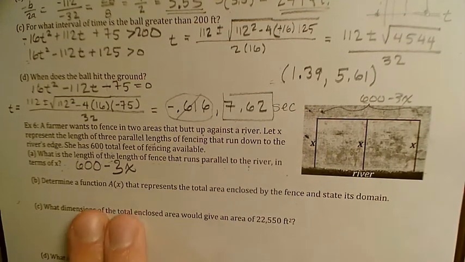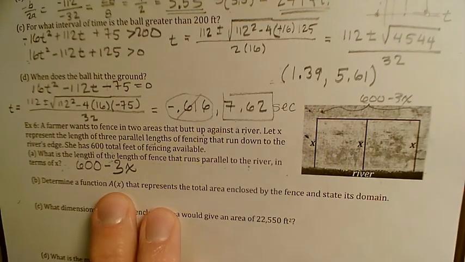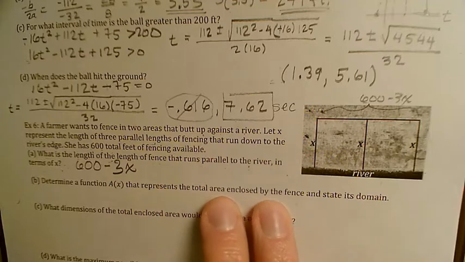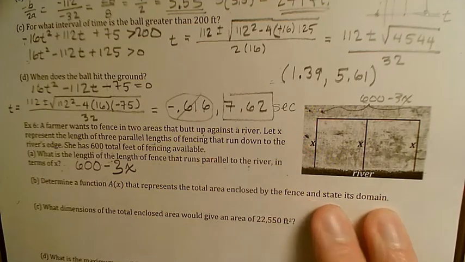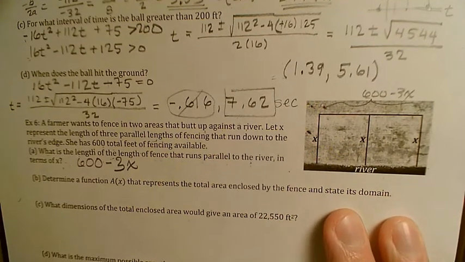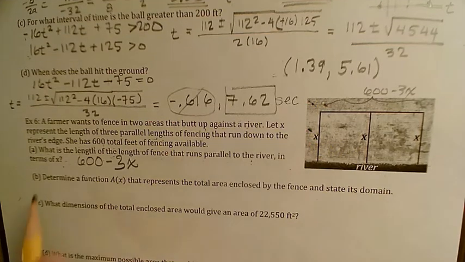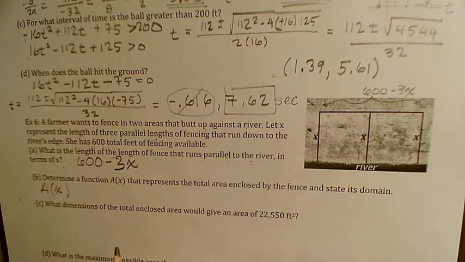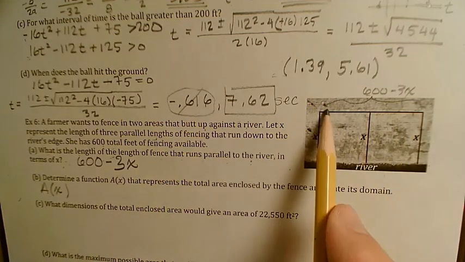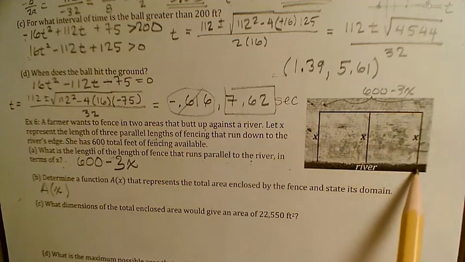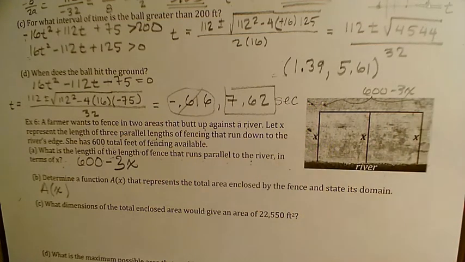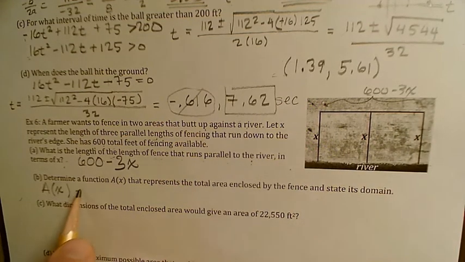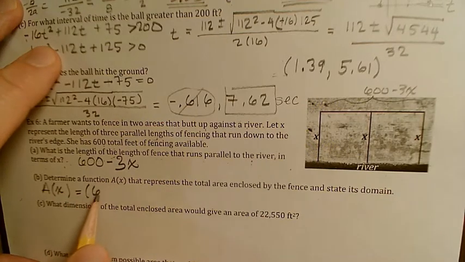All right, determine the function A of x that represents the total area enclosed by the fence and state its domain. So what is the area function in terms of x? Well, what would be this total area? It's a rectangle, so it's the length times the width, or the width times the length, however you want to call these things. So the area would be 600 minus 3x.